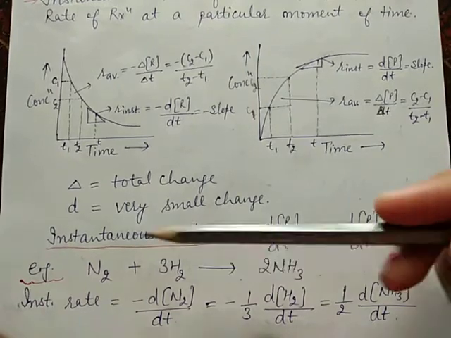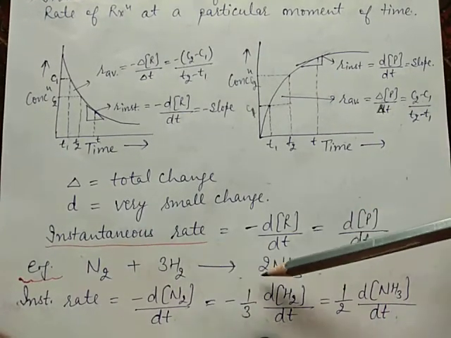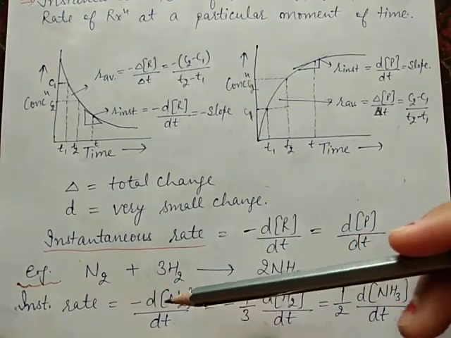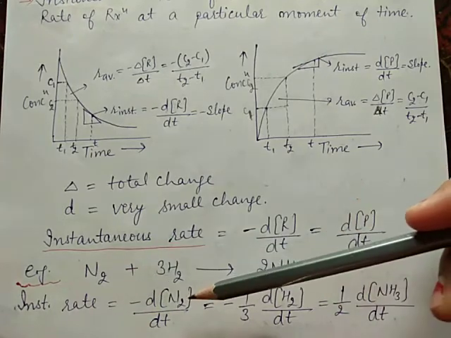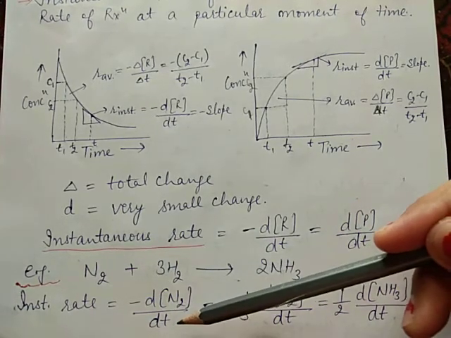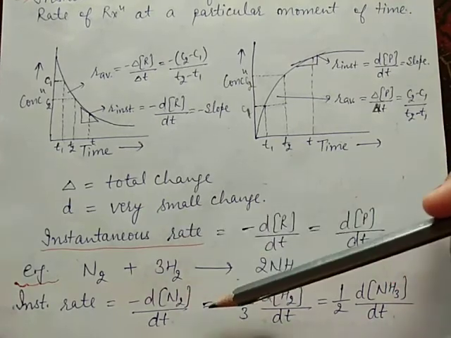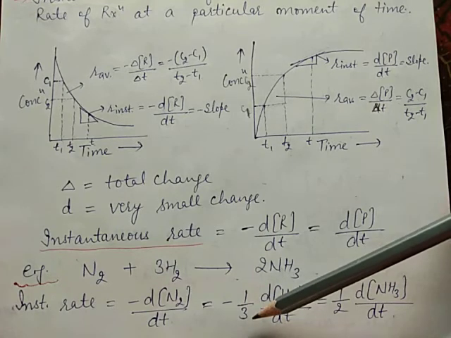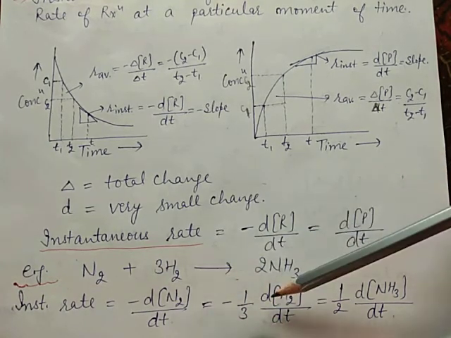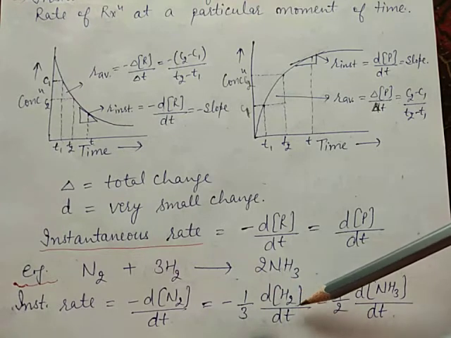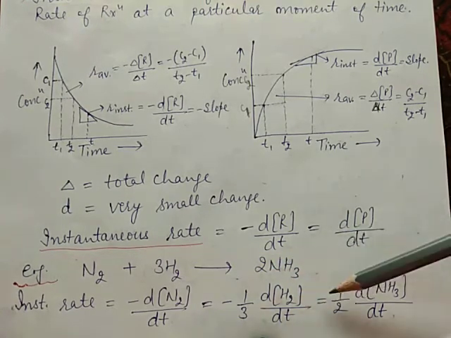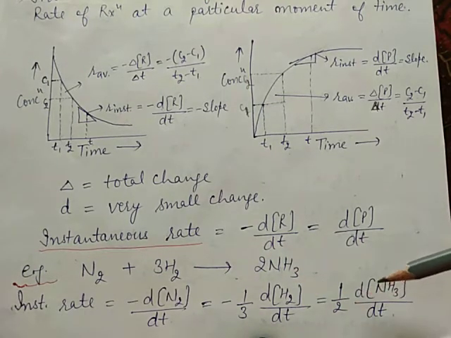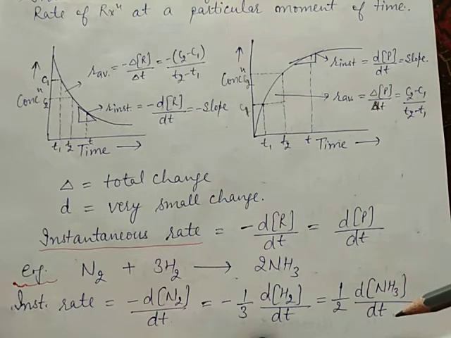Here we take one example, N2 plus 3H2 gives 2NH3. Instantaneous rate is equal to minus d concentration of N2 divided by dt, is equal to minus 1 mole divided by coefficient 3, d concentration of H2 divided by dt, is equal to plus 1 mole divided by coefficient 2, d concentration of NH3 divided by dt.